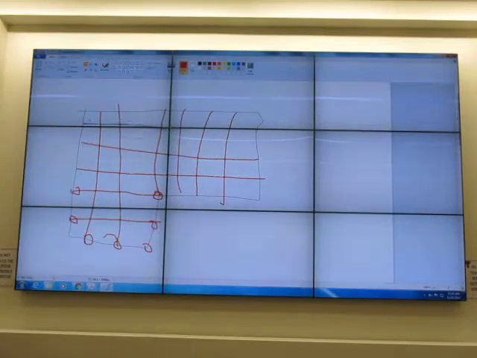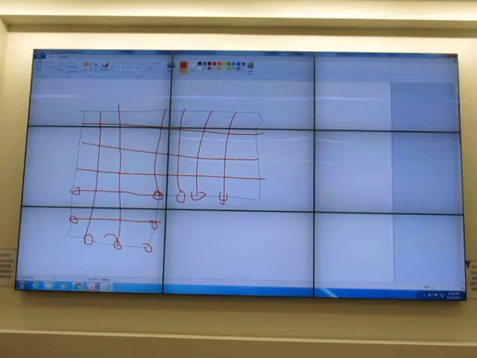So why is it difficult? You don't have any grid point over here. It is correct, but it's difficult. You are about to see why it's difficult.